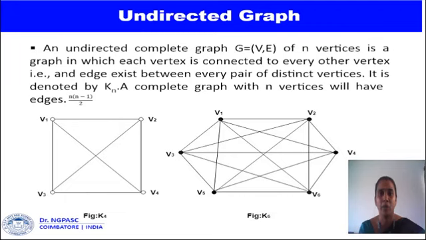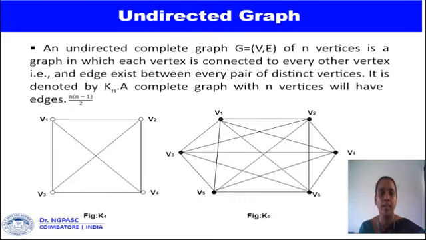The next one is undirected graph. In an undirected graph, each vertex is connected to every other vertex in the graph. If we take vertex 1, from vertex 1 I can travel to all other vertices in this graph. In the first picture, from vertex 1 I can travel to V2, V3, V4.